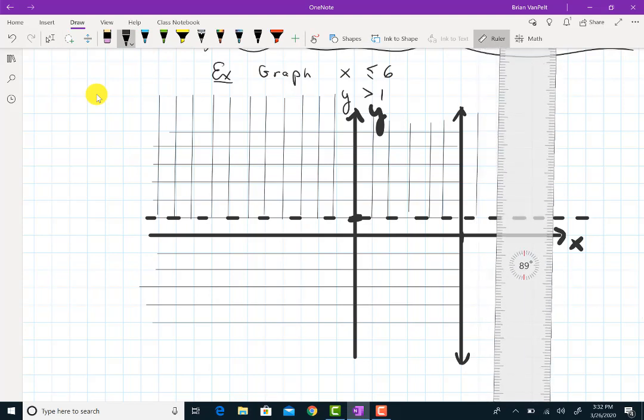So notice how I'm ignoring the other line for now, and I'm getting my complete graph in play.